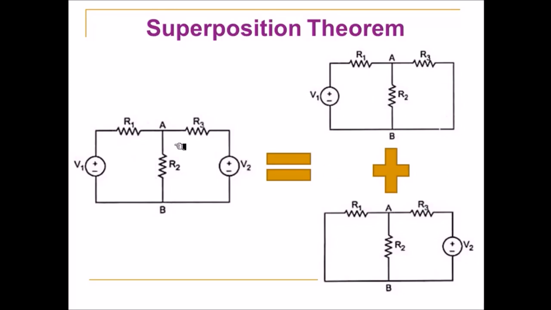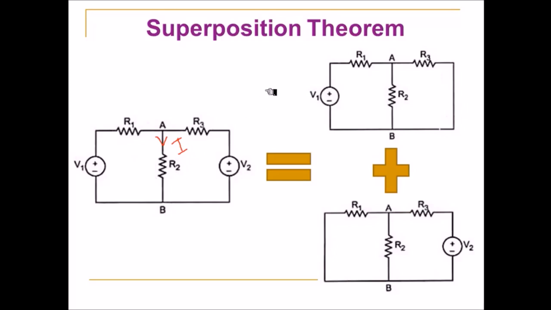Suppose you want to calculate the current I flowing through the resistor R2. Of course, you can calculate the current I flowing through the resistor R2 using a number of circuit analysis techniques such as KVL or KCL or mesh analysis or nodal analysis. But how do you calculate the current I using superposition theorem?